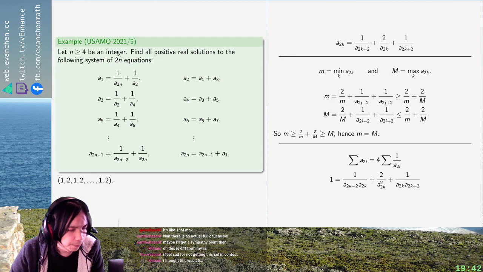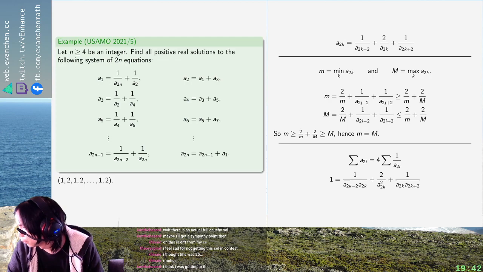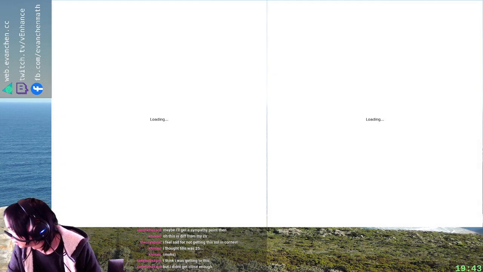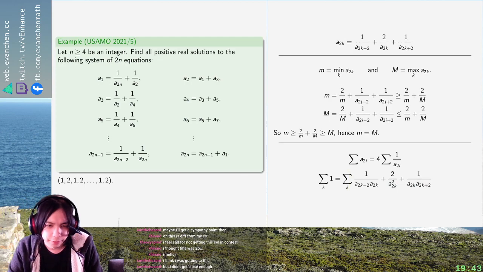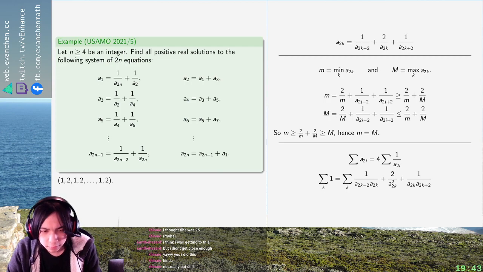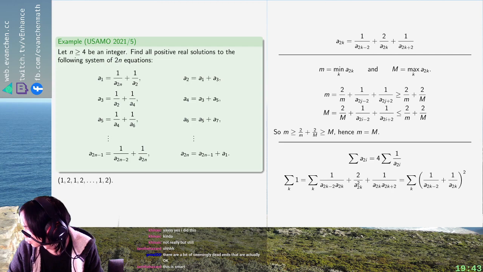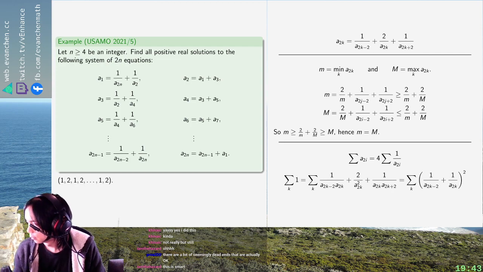So this is true. The reason for writing it this way is that when I take the sum, this thing works out pretty well. It will be exactly equal to the sum of 1 over a_{2k} minus 2 plus 1 over a_{2k} squared.